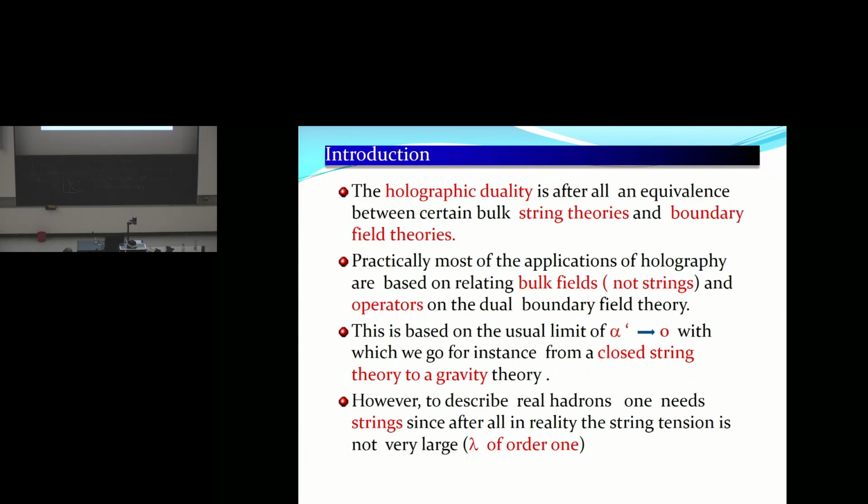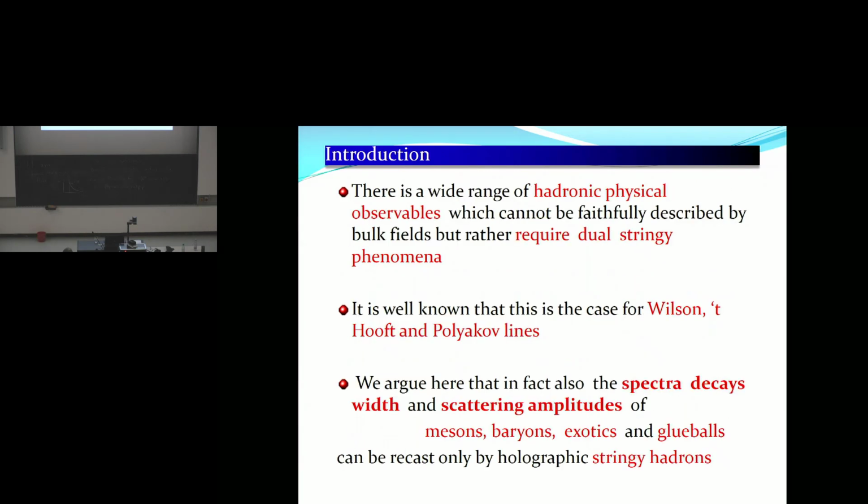Now, this, of course, also has implications for the holography that we are using. Holography is basically a relation between string theories and boundary field theories. Everybody usually does this map between bulk fields and boundary operators, but as I said a moment ago, I think that is not adequate to describe hadrons.